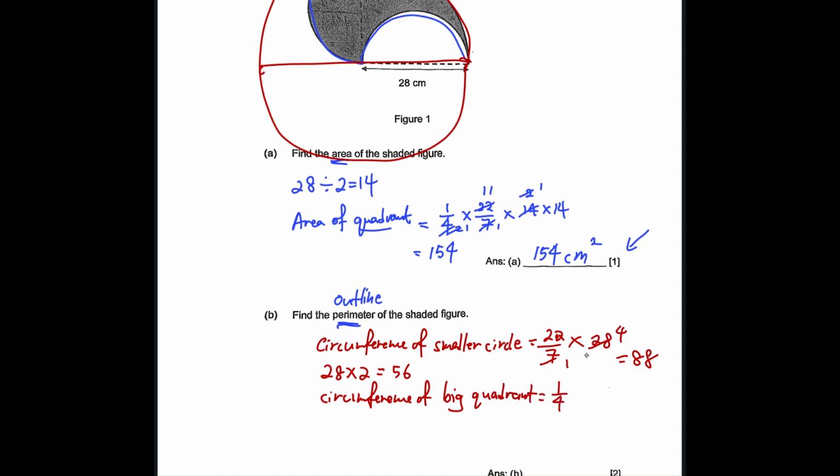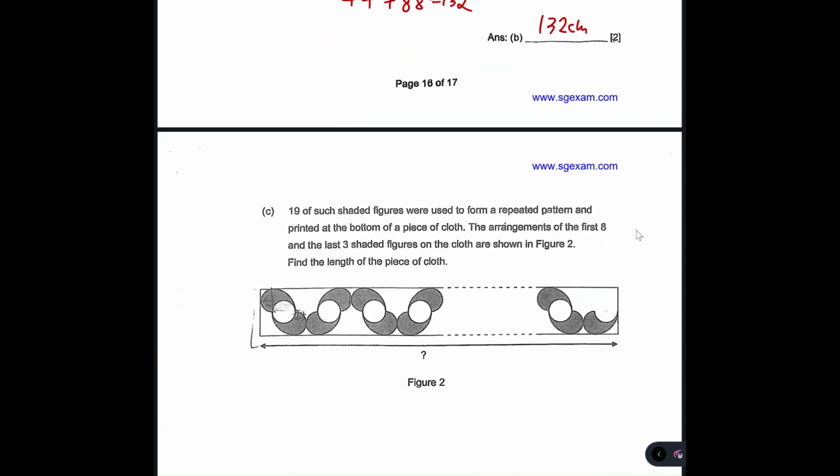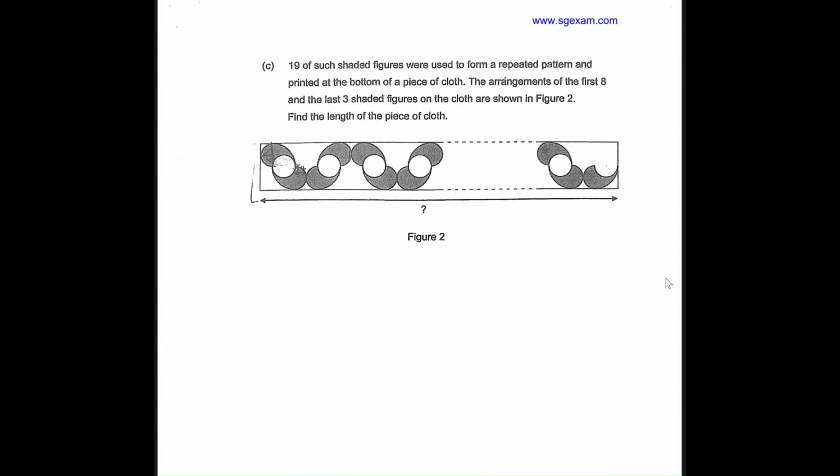I need to put 1/4 times pi, which is 22 over 7, times d, which is 56. That gives 44. So 44 plus 88 is 132 cm.